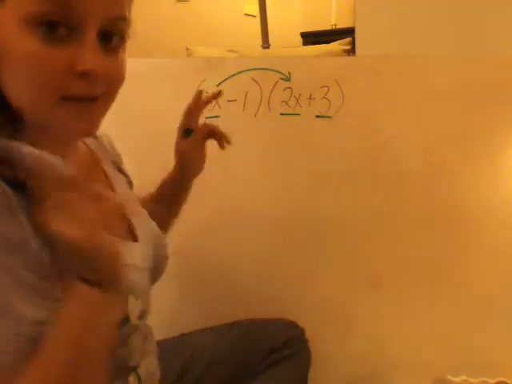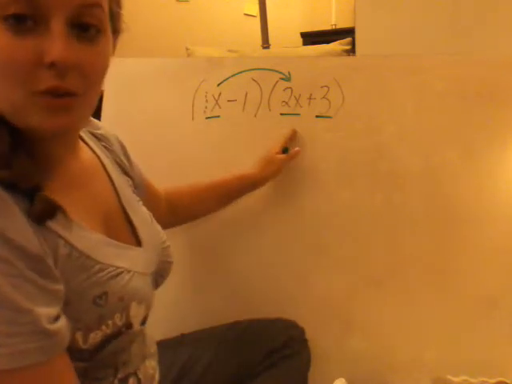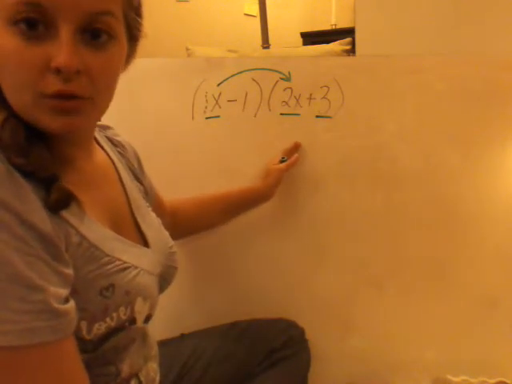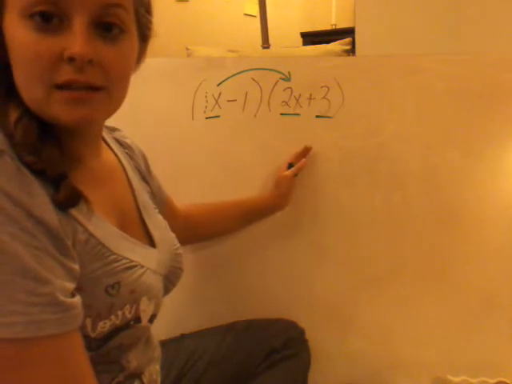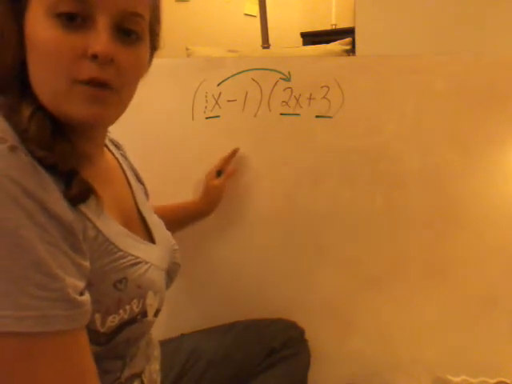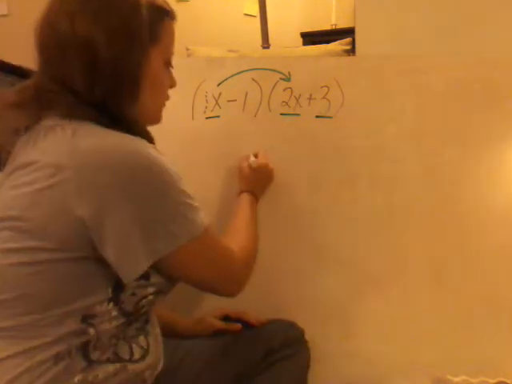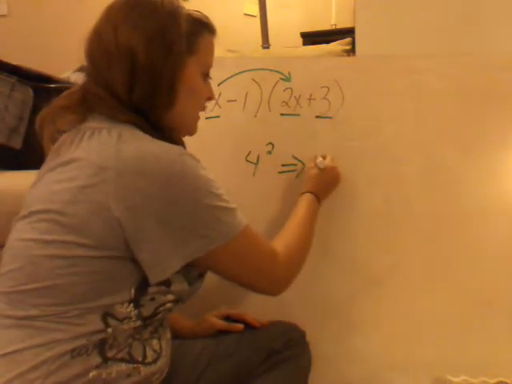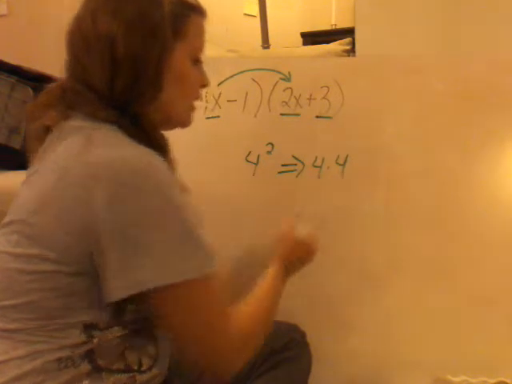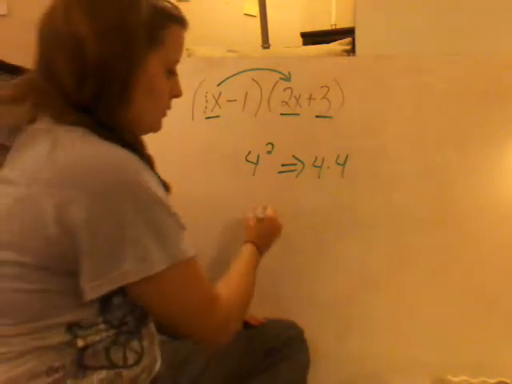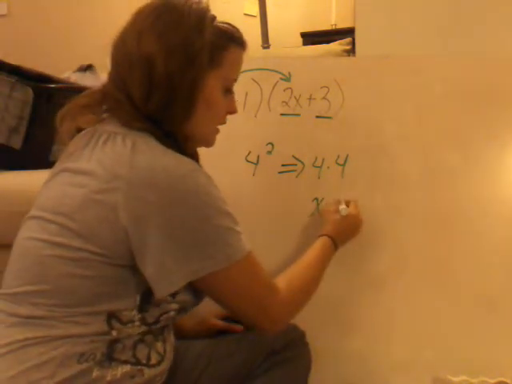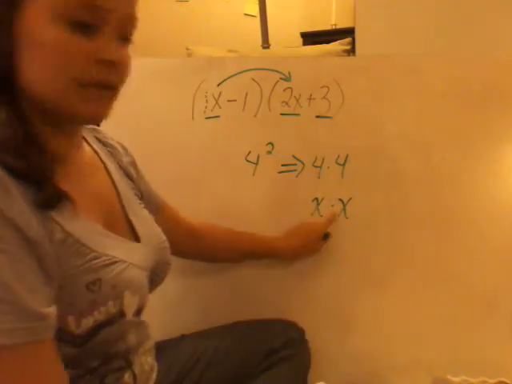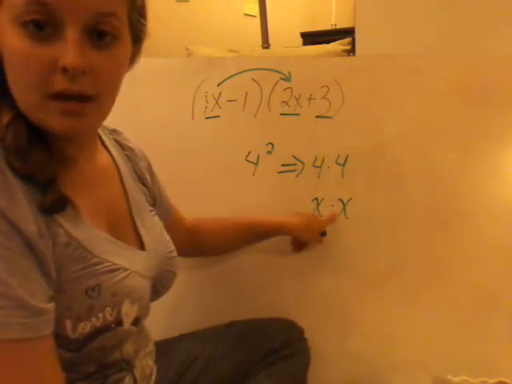So 1x times 2x. 1 times 2 is 2. x times x is like 4 squared, and 4 squared is the same thing as 4 times 4. This little dot means multiply.